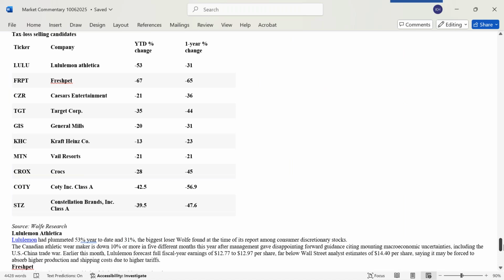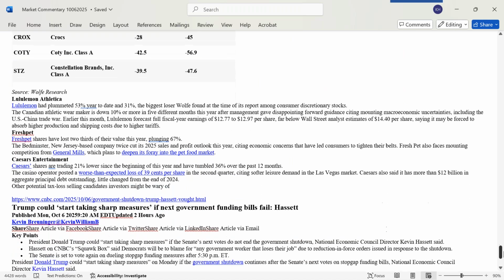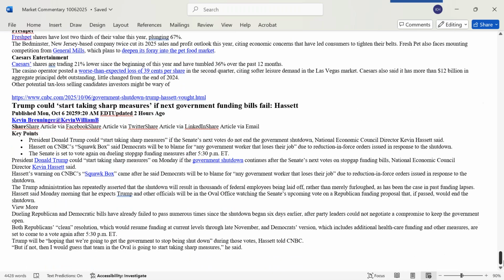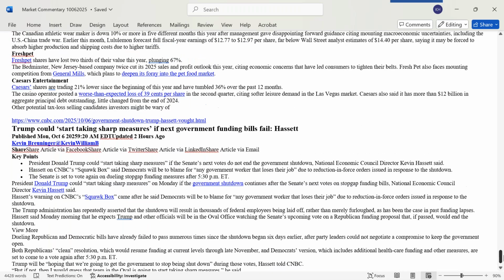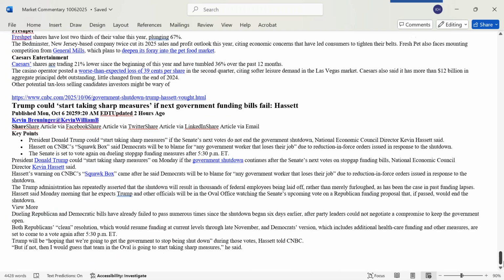So these are the ones that you would expect to see harvested for tax losses. If you're interested in putting puts on something or being a contrarian, playing something to the downside, here's what you have right there.